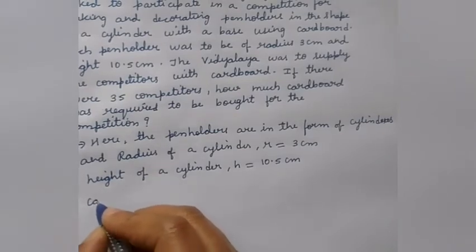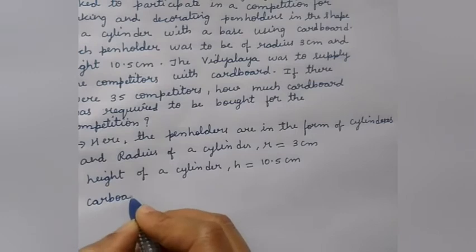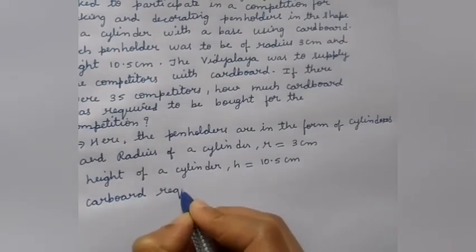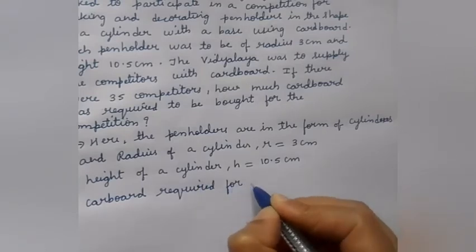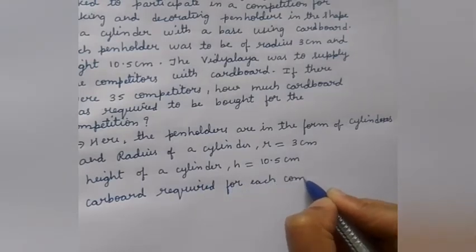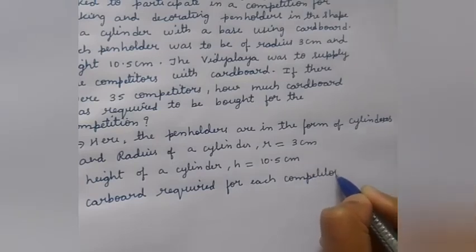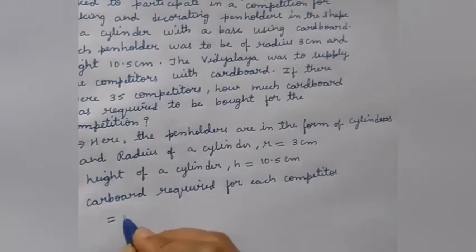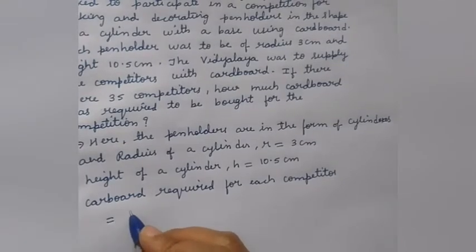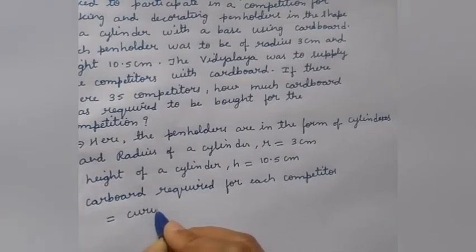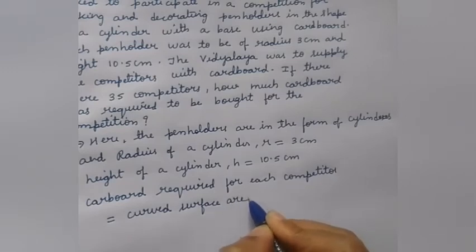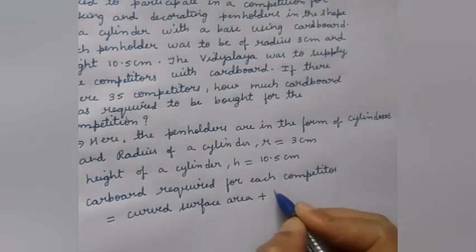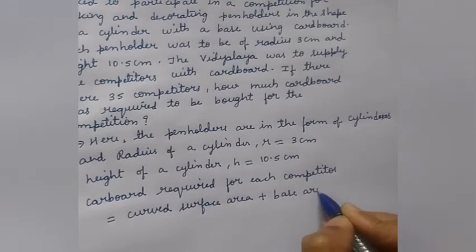So the cardboard required for each competitor is equal to the curved surface area plus the area of the base, since the pen holder is in the form of a cylinder.